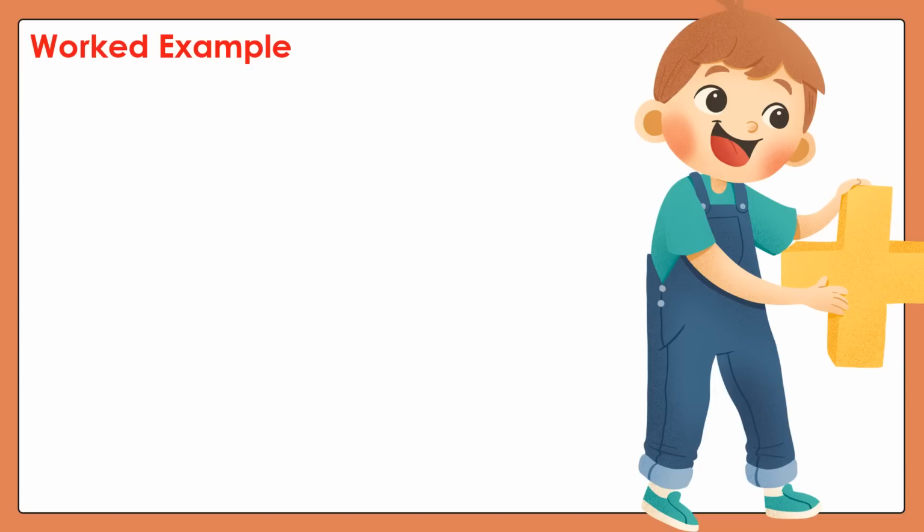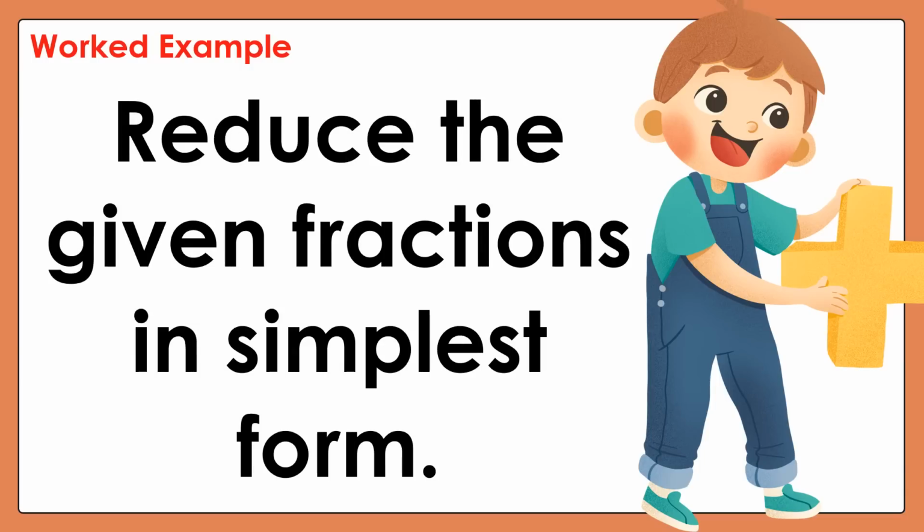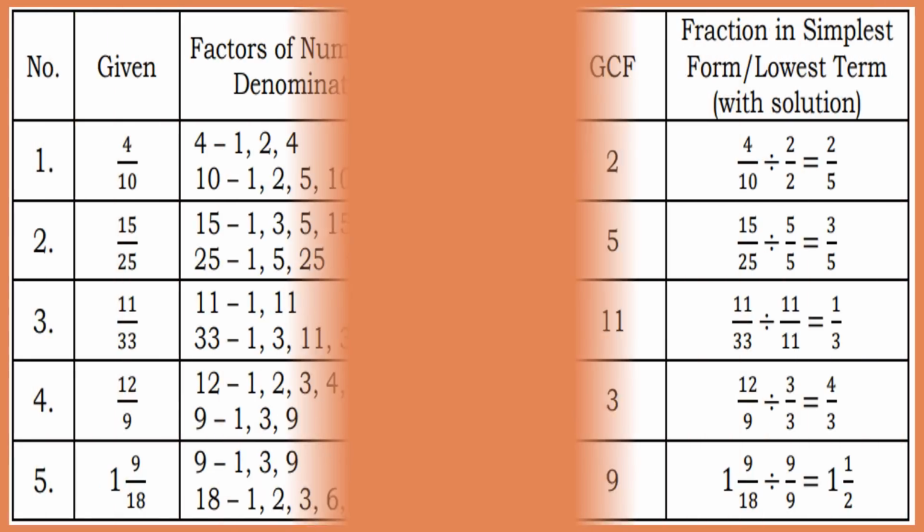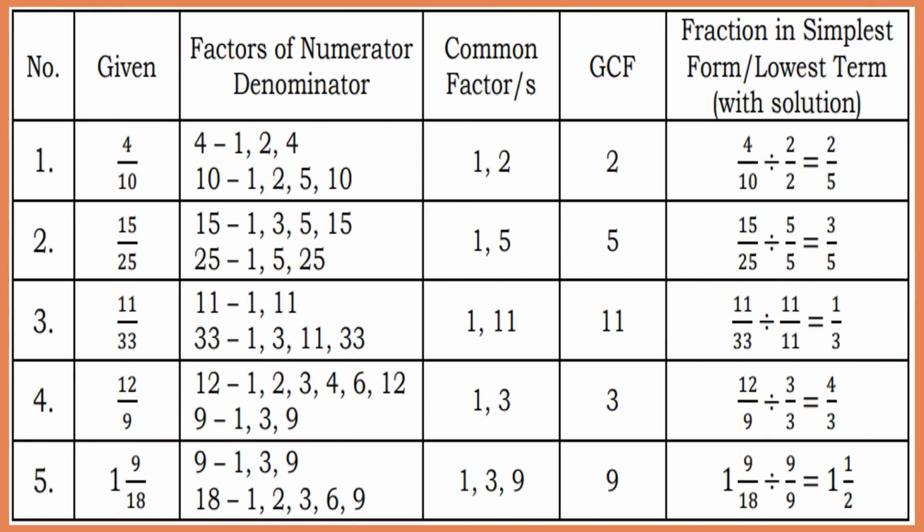Let's have the worked example. Reduce the given fractions to simplest form. Let's see the following example. Number 1, given 4/10. The factors of 4 are 1, 2, and 4.